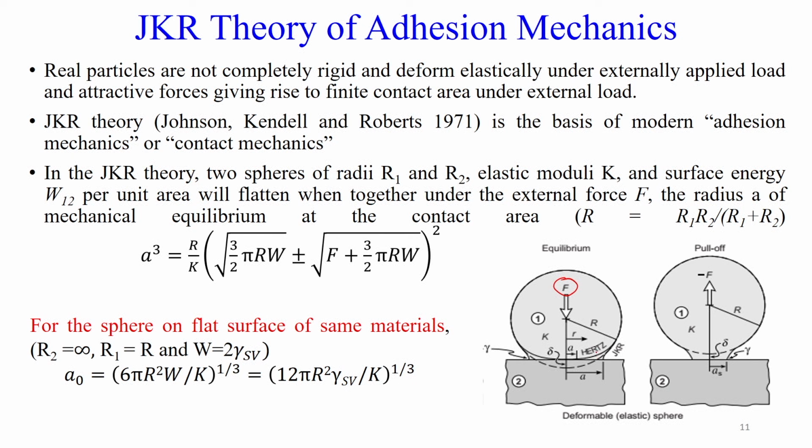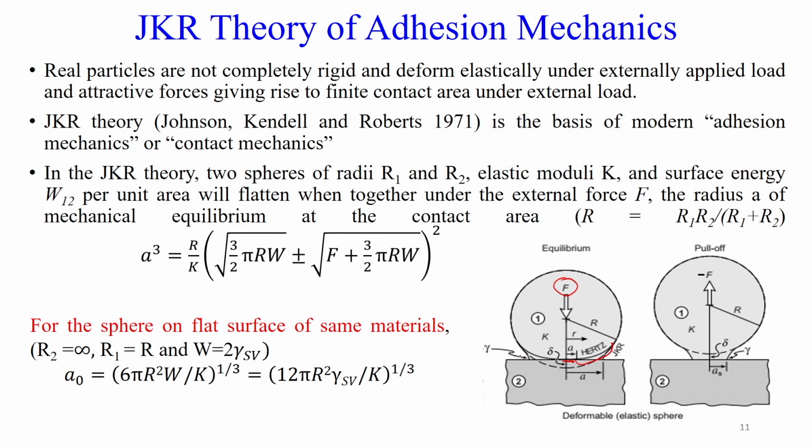But at the same time, if we see here, only up to here it is in contact, but from here to here it is not in contact, you can say non-adhering. That is known as the Hertz surface or the Hertz area. So there are two things.